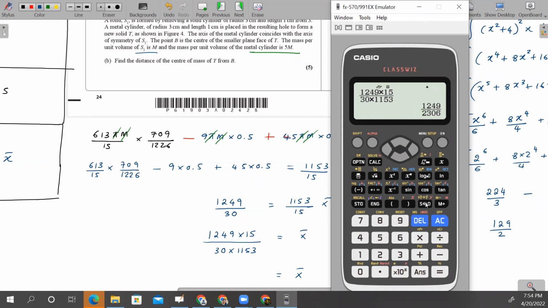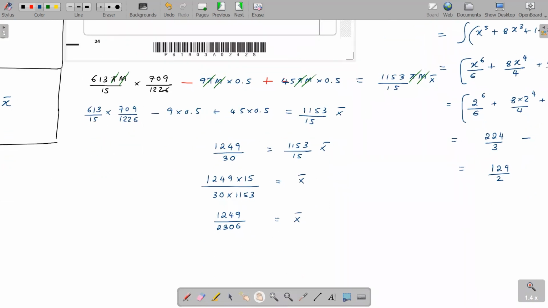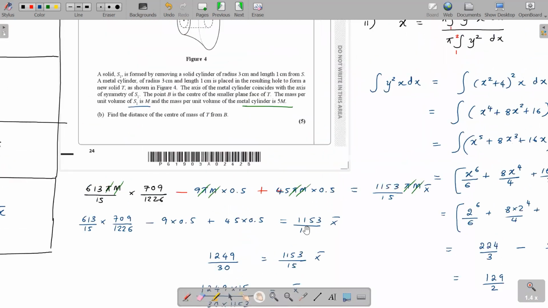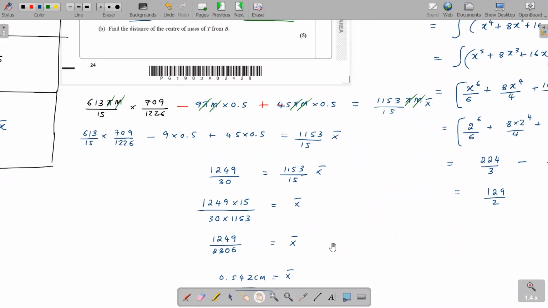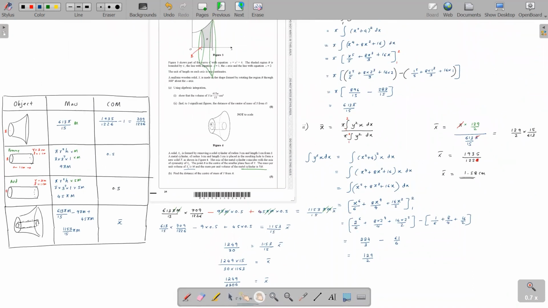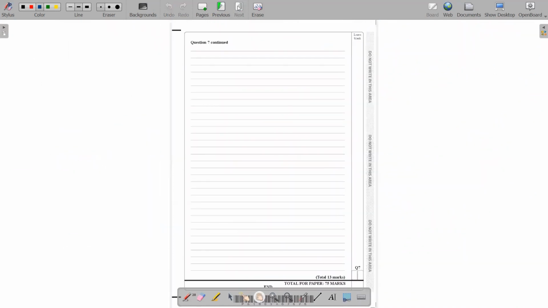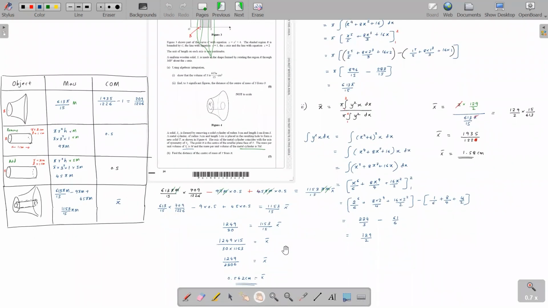Yeah. 1249 over 2306, which when you give the previous step, 0.542 centimeters. So this is the distance of the center of mass of P from B. Okay, this is clear. Yes. So this is the end of this mechanics paper.